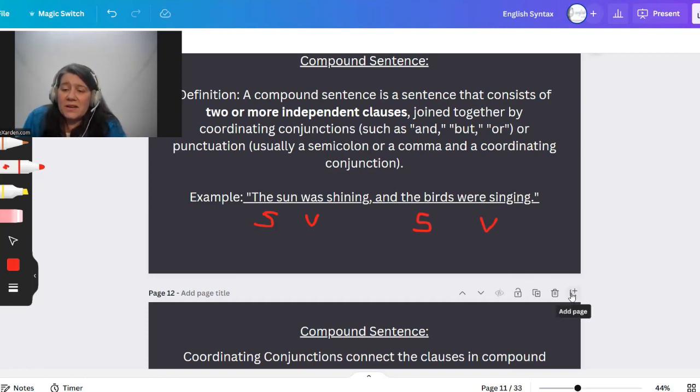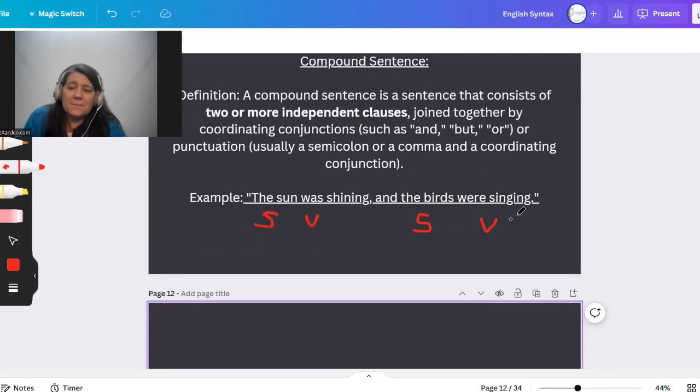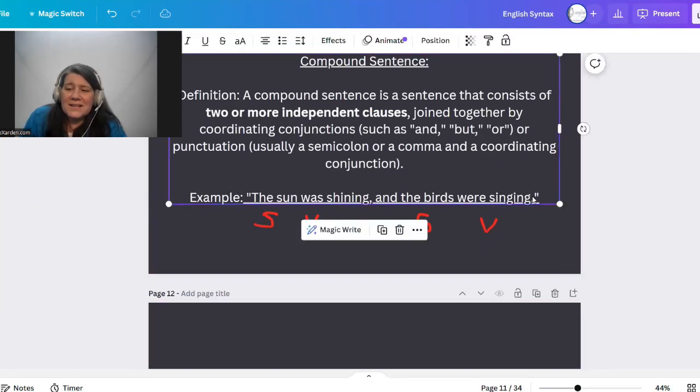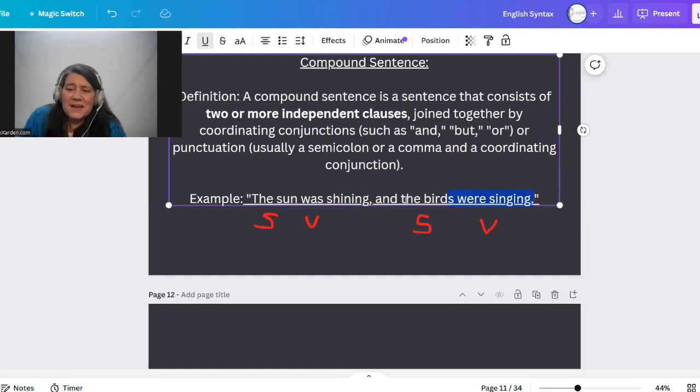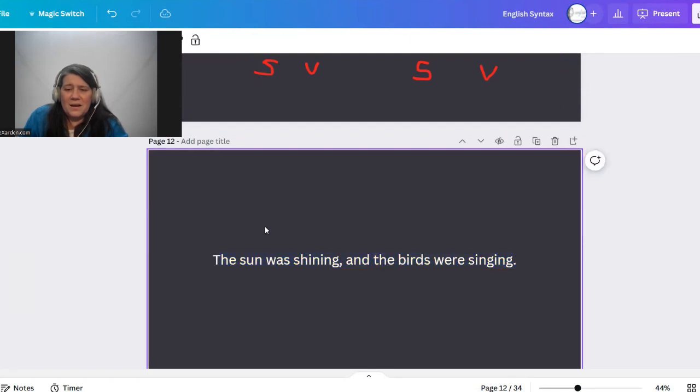Now we could, let's play with this sentence some. Let's build this sentence and make it even bigger. All right.